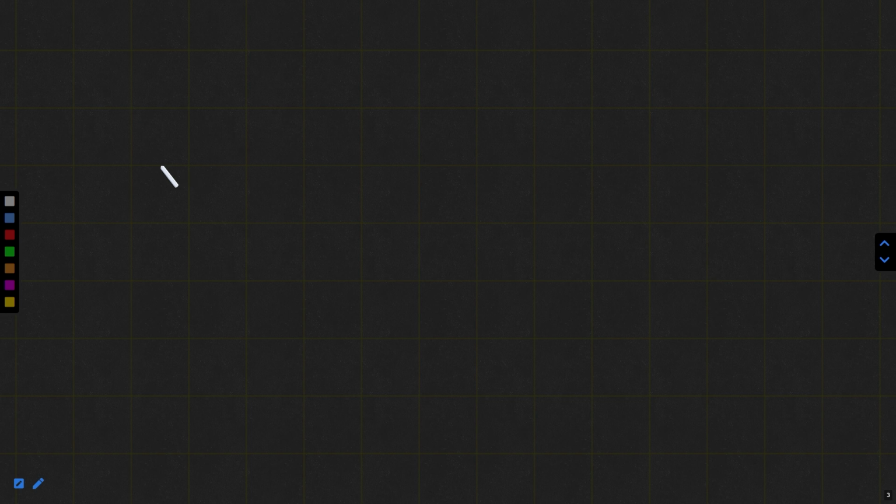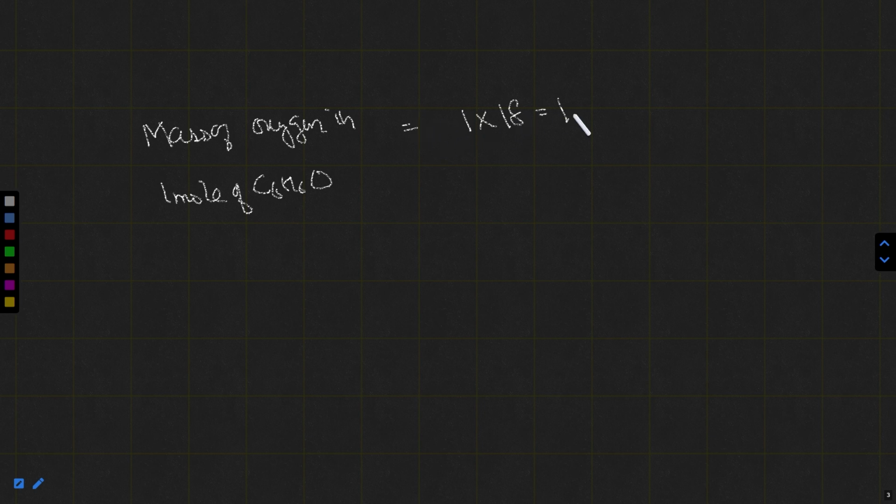Now, what is the mass of oxygen present in 1 mole of C2H6O? Only one oxygen is present, so 1 into 16, that is 16 grams. Is this clear, how we have calculated? I said 18 but it is 16, not 18.